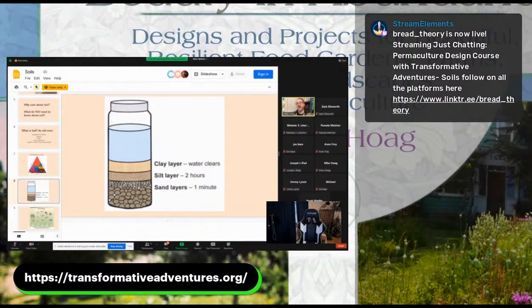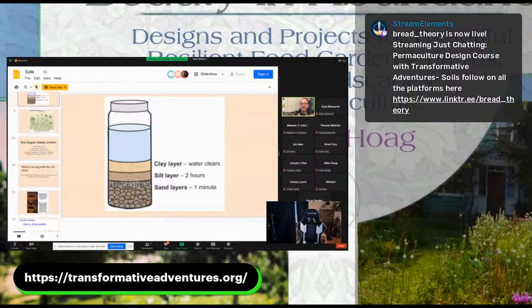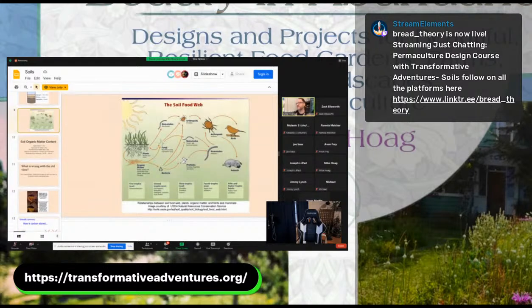There are probably more accurate ways, but that's a pretty decent school science fair way of calculating your soil organic matter. All right, so that's the rock part of soil in the conventional view.